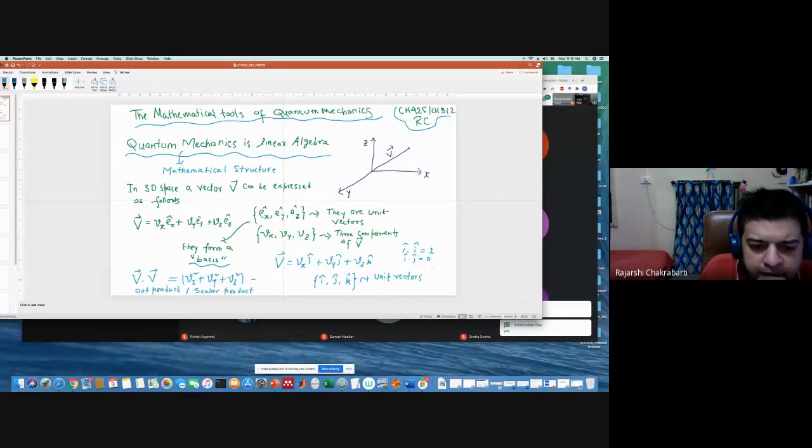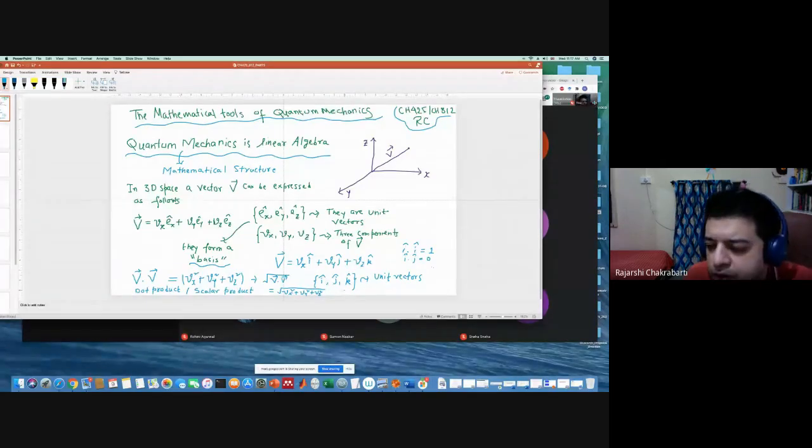And also from here you can calculate something like, if I calculate this, this is essentially V squared. It will be Vx squared plus Vy squared plus Vz squared.